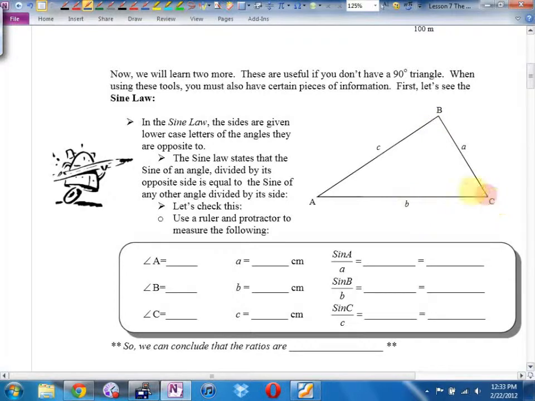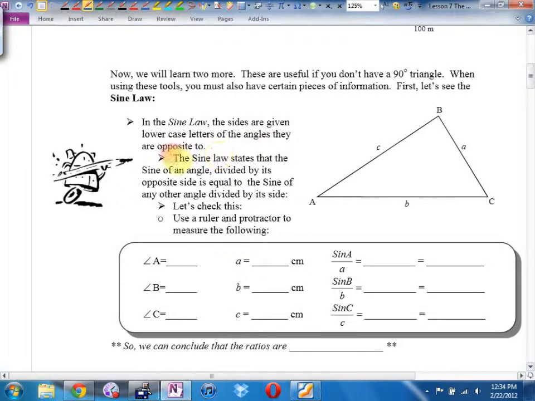Capital C, little c. What if I called this capital F? What would I call this side here? Little f. It's a nice, easy notation. You don't have to learn any new variables. In the sine law, the sides are given lowercase letters of the angles that they are opposite to.